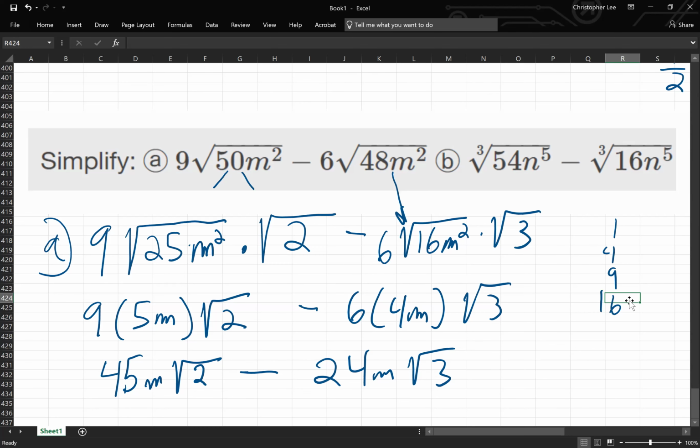Anybody? Combine the like terms. Not both of them. No guesses?